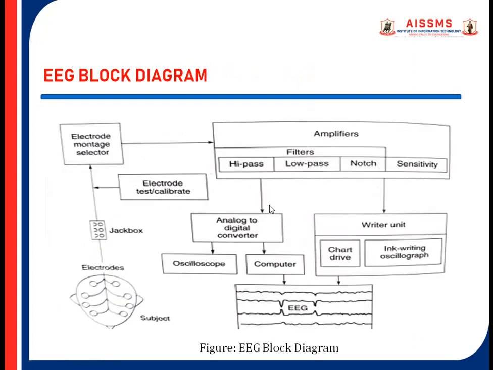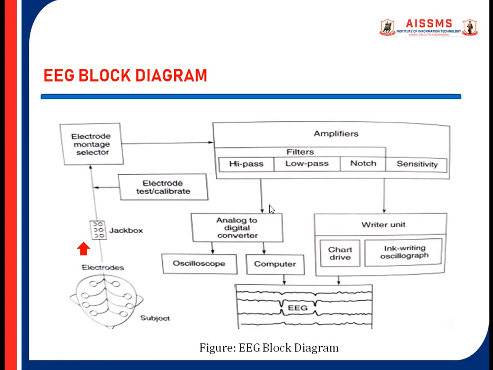EEG block diagram. Montage: the arrangement of electrodes on the head and the channels they are connected to is called a montage. It adopts the 10-20 placement system.